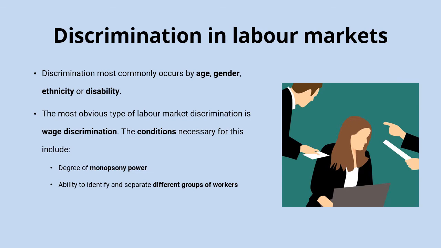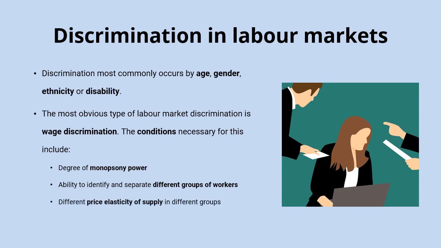And this is probably actually one of the most important characteristics. You can maybe start to see why some of the above groups might end up being discriminated against more, because usually they might involve some quite observable characteristics. So it's very difficult to hide your gender or your ethnicity, which is why employers, I should say, might be able to exploit that more easily.